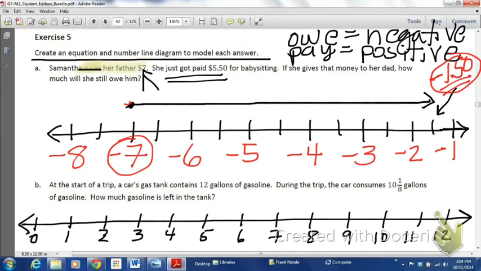So B talks about a tank of gas, and again, it's interesting, but in terms of how some things can't be negative, you can never have a negative tank of gas. So this number line here represents how many gallons are in this tank of gas.